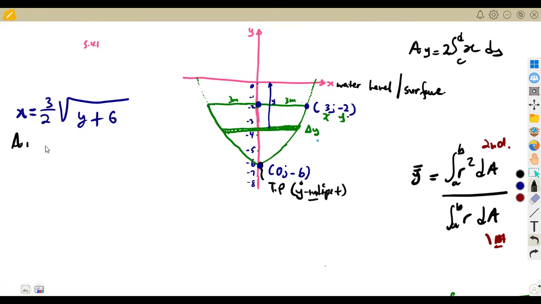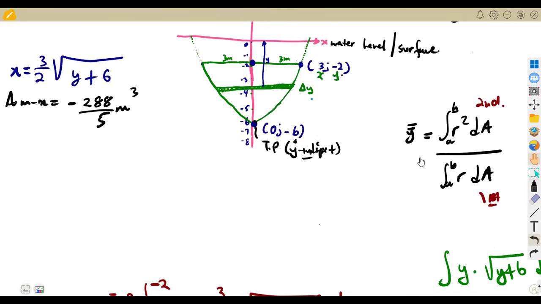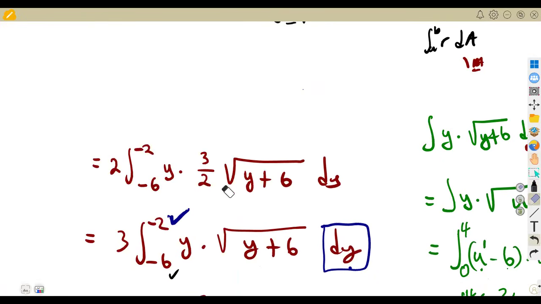Our first area moment, we got negative 288 over 5 cubic meters, and you can also write it as a decimal if you want.